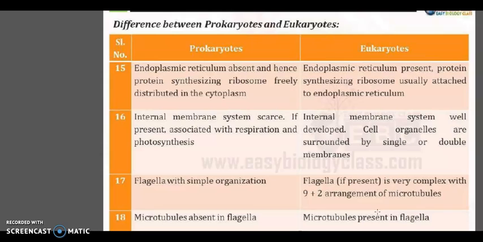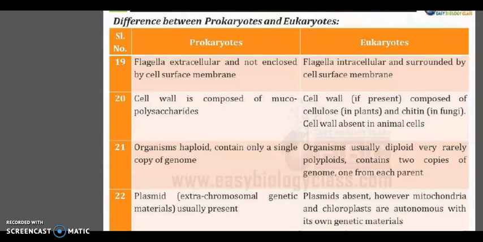Microtubules are polymers and part of the cytoskeleton, and they provide structure and shape to eukaryotic cells. So microtubules are only present in eukaryotes. In prokaryotes, the flagella are extracellular and not enclosed by the cell surface membrane, whereas in eukaryotes, the flagella are intracellular and surrounded by cell surface membranes.